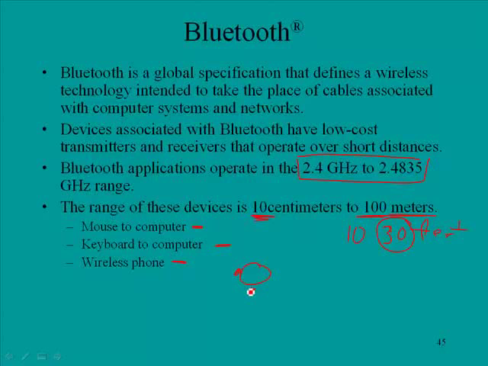With traditional wireless phones, you would have a cord that would run over here and connect to the phone, and then you would touch the buttons on your phone and have your conversation. But with Bluetooth-enabled wireless phones, you wouldn't need this cable.